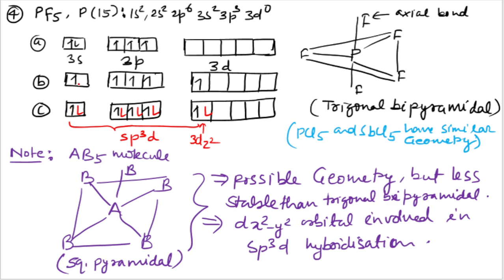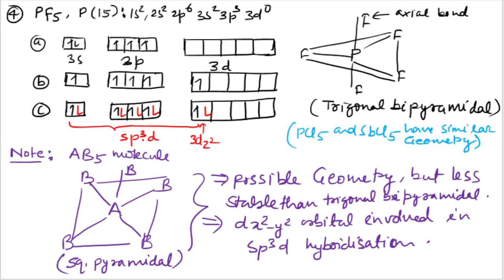So the five unpaired electrons are satisfied, and they share with fluorine to form bonds with fluoride.